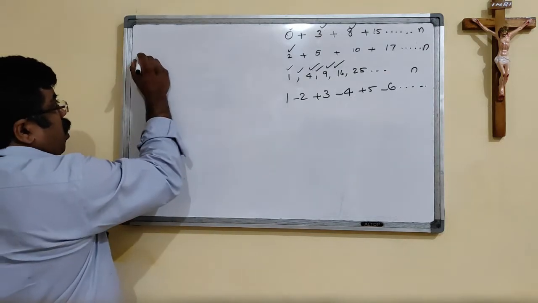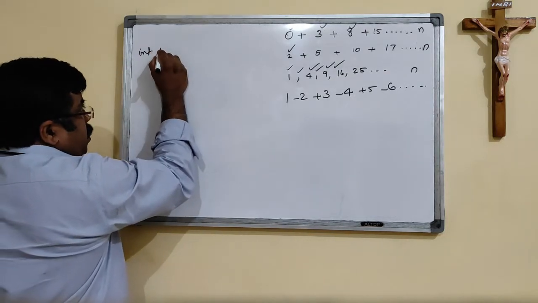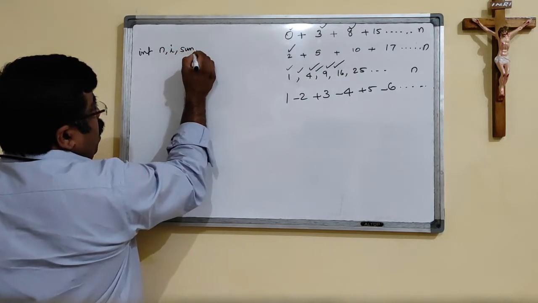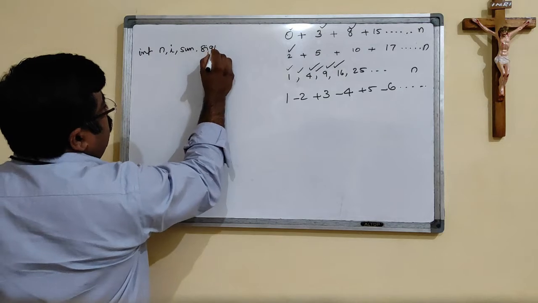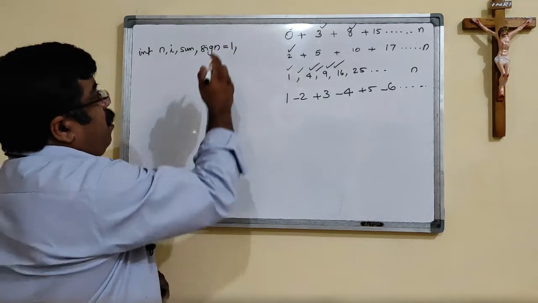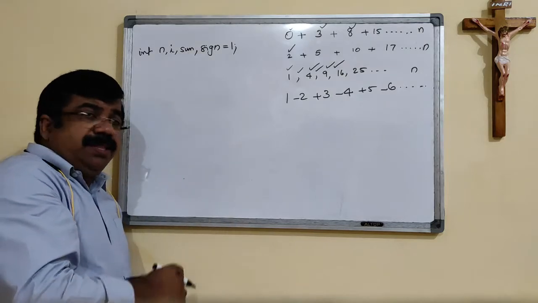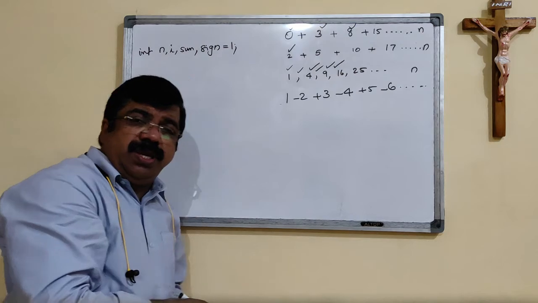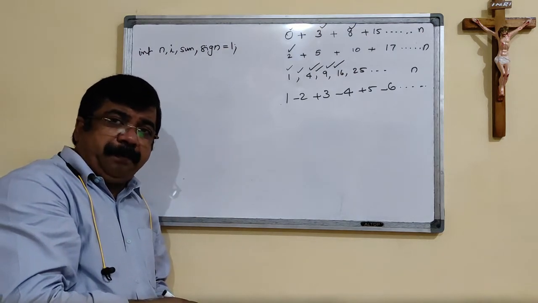Okay, so you give variables int n comma I comma sum, as well as I gave a variable sign which is equal to 1. This sign is actually used for this plus and minus in the alternative way.